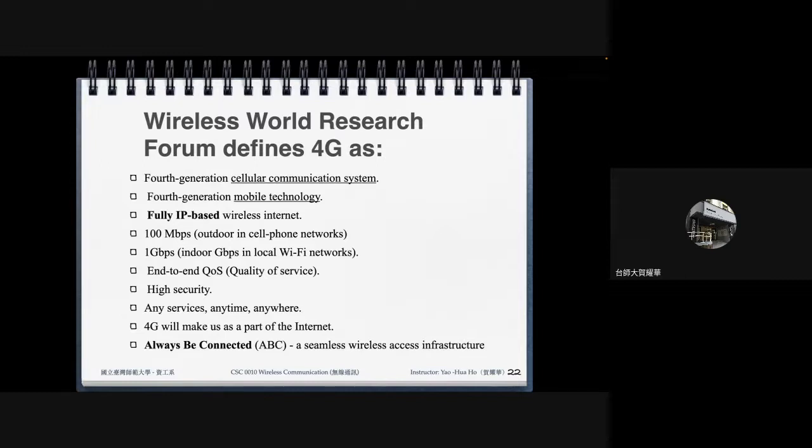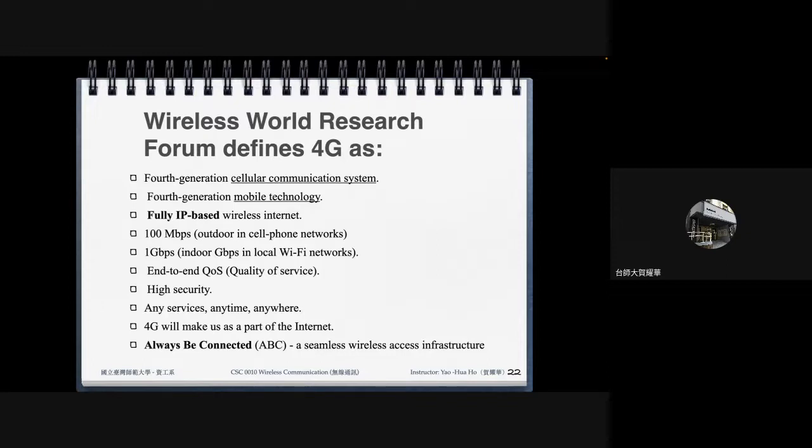On the fourth generation, the definition of cellular is fully cellular communication, which supports mobile technology. The most important thing on the fourth generation is that it's not partial IP. It's a full IP-based wireless internet now, so everything runs on an IP-based wireless internet.